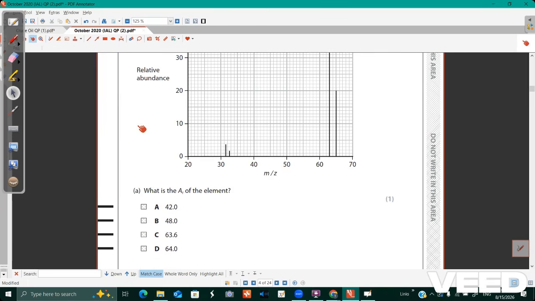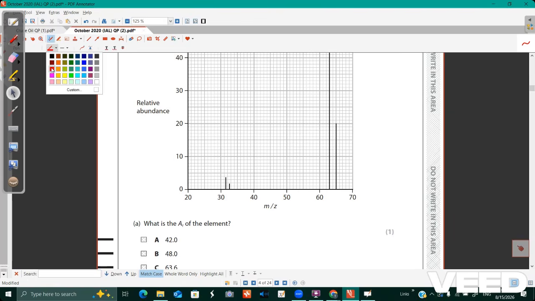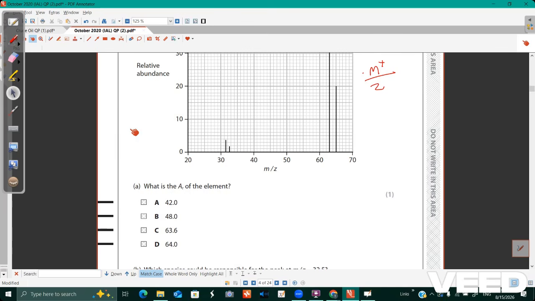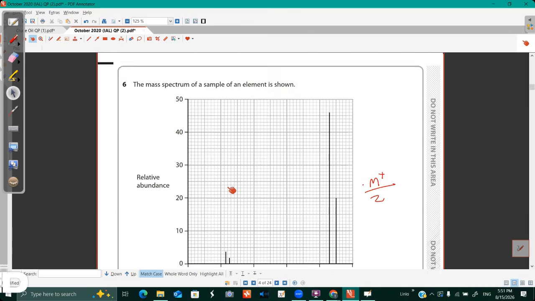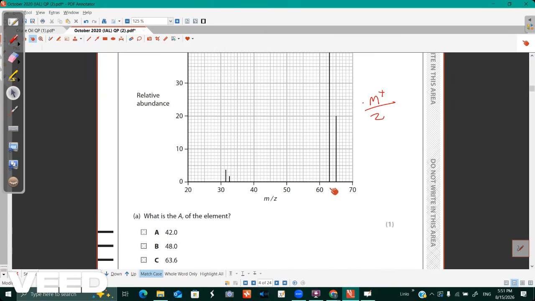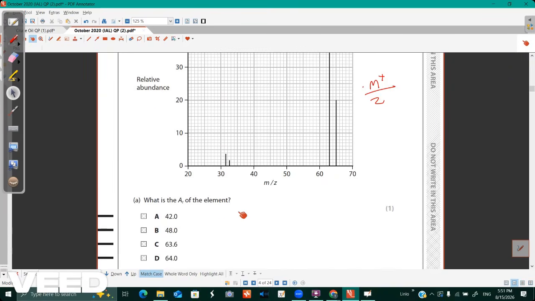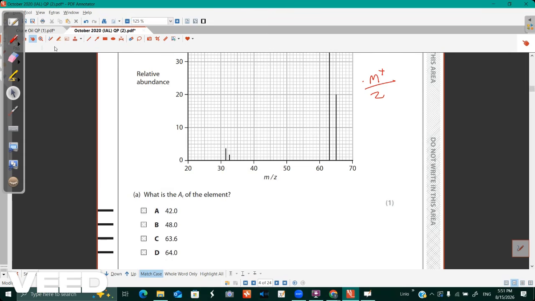Molecular ion peak is M divided by Z. In that case, they are asking AR, but here you have to be very careful. Now here there can be an isotope also, right? So they are asking AR.